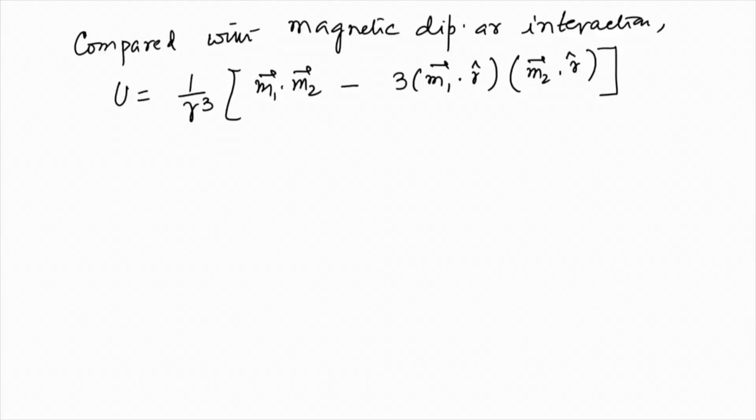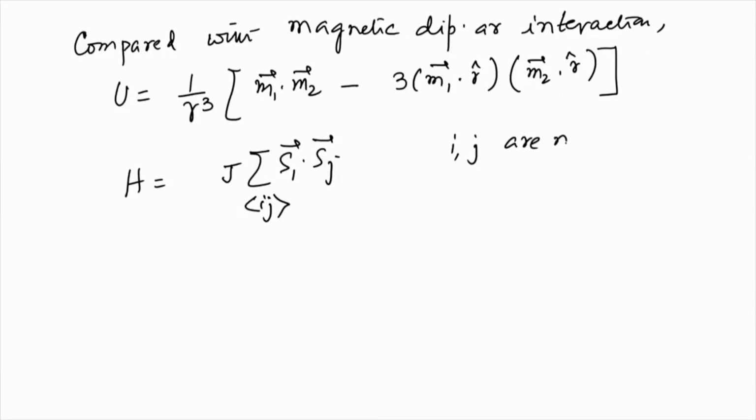Now, this H written as J S_i dot S_j has a large number of approximations that are going on, namely i and j are nearest neighbors. One does not have to be, one can include longer than nearest neighbor, that is next to next nearest neighbor interactions as well.